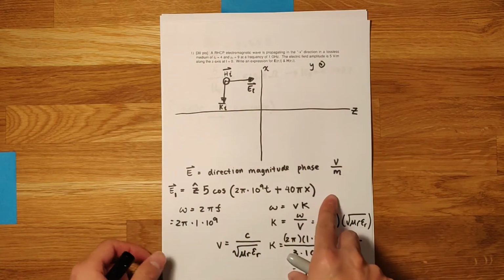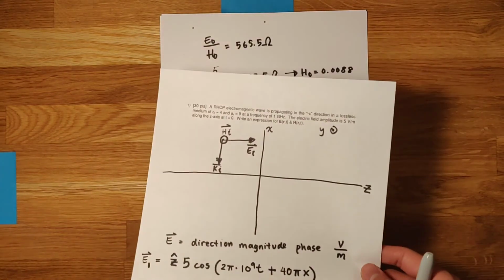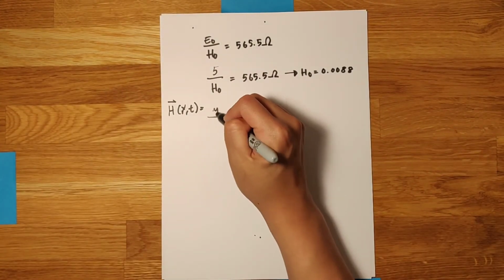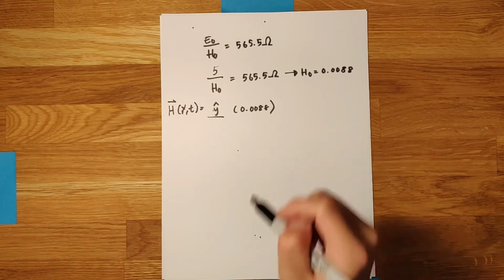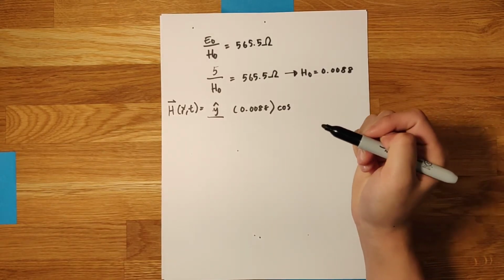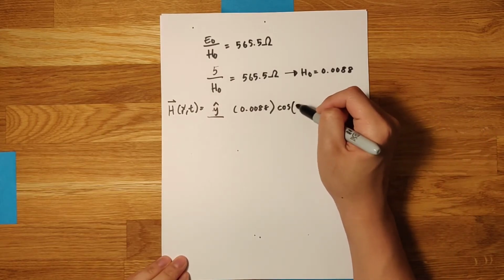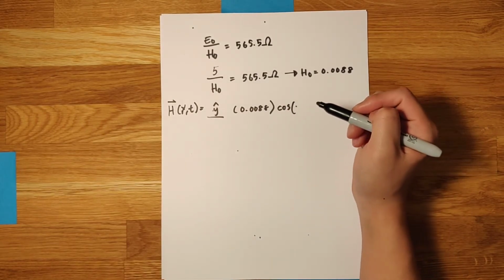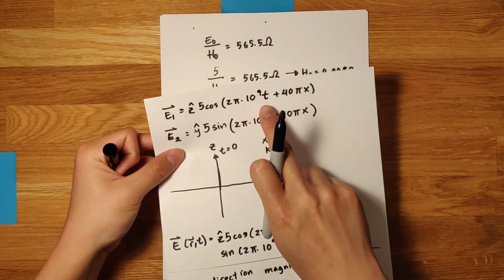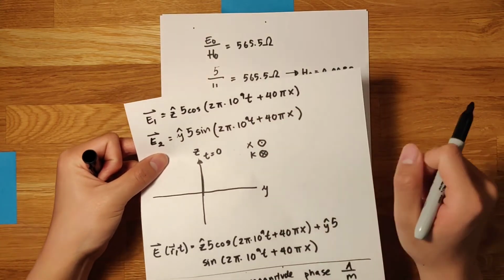So that means that H is going in the positive y hat direction. So this will be y hat times cosine, because we know at time equal to 0 it's non-zero. Everything else can be the same as we wrote down before for the E field, which is 2 pi times 10 to the 9t plus 40 pi x.